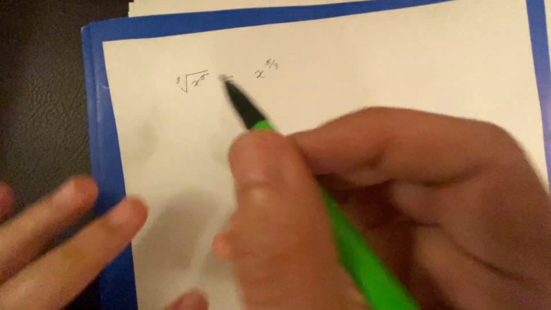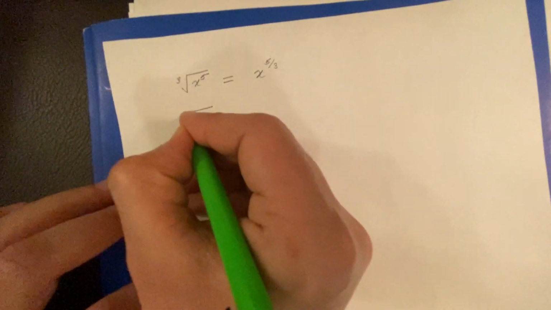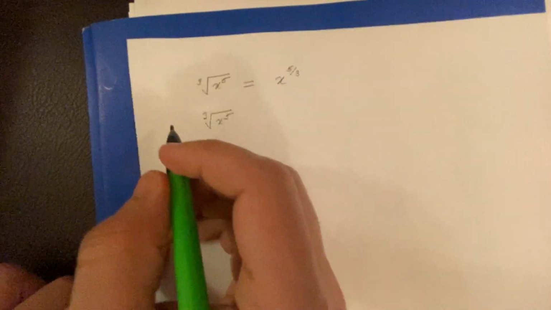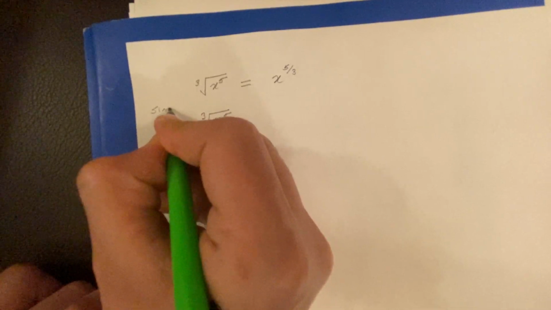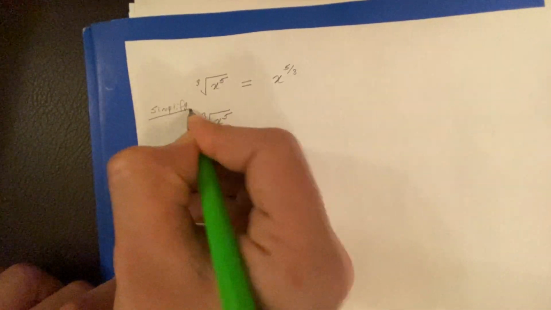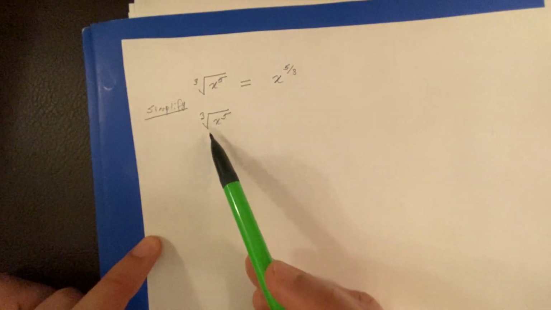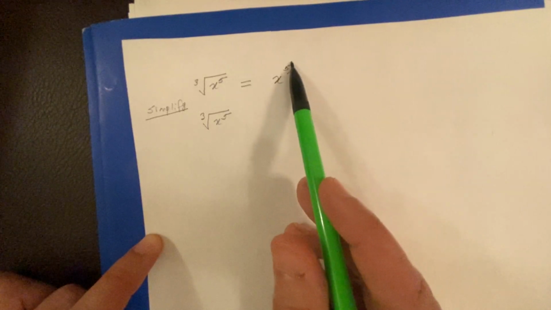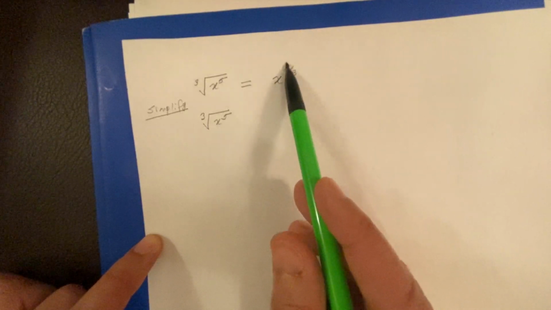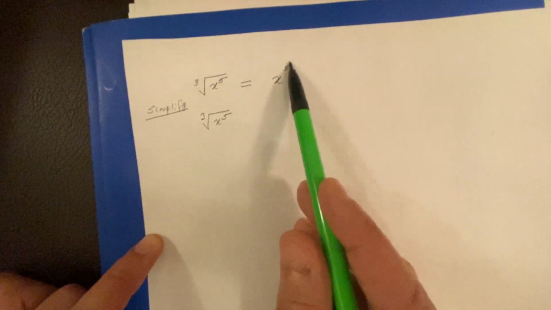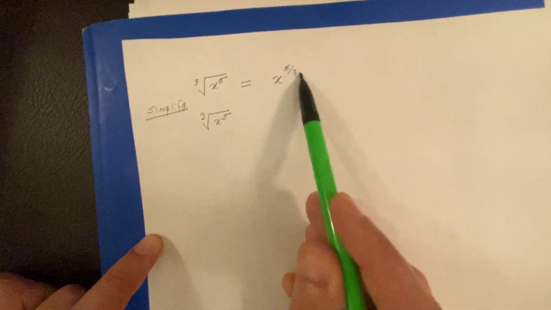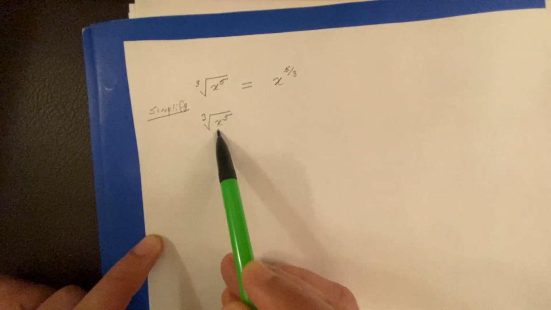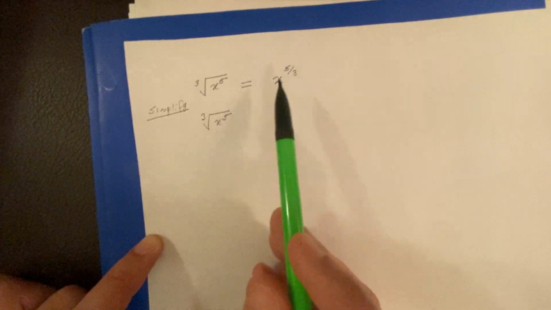Now, if a problem is asking you to simplify, whenever the problem asks you to simplify, you don't want to write any fraction in the power.